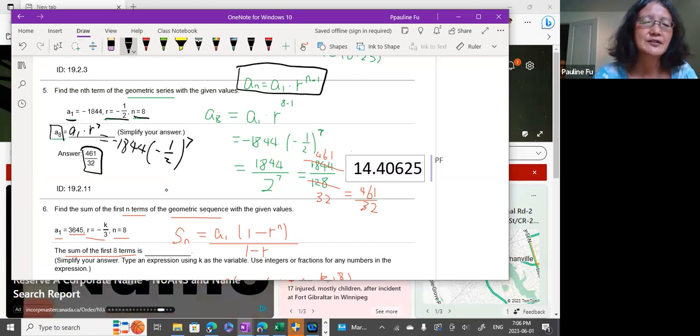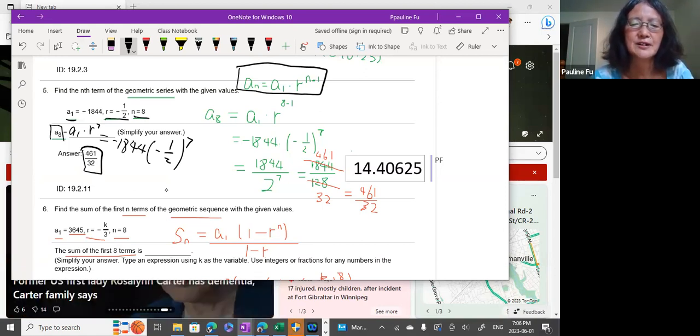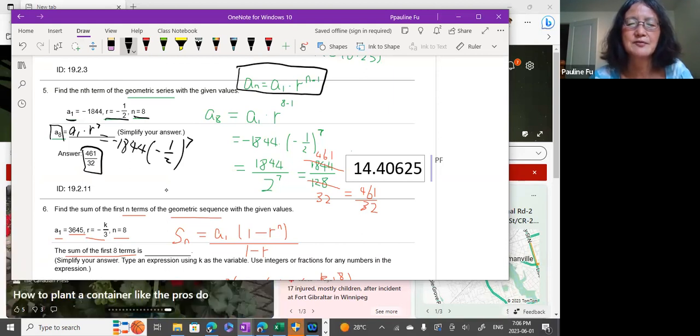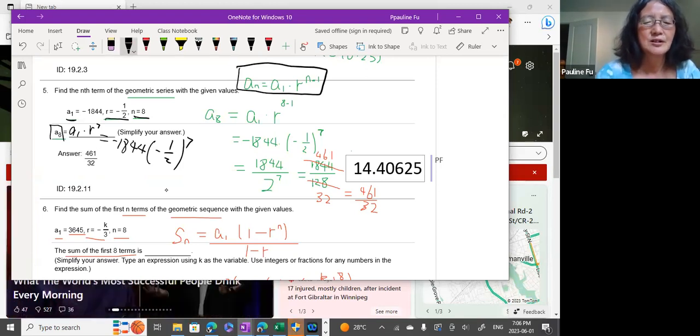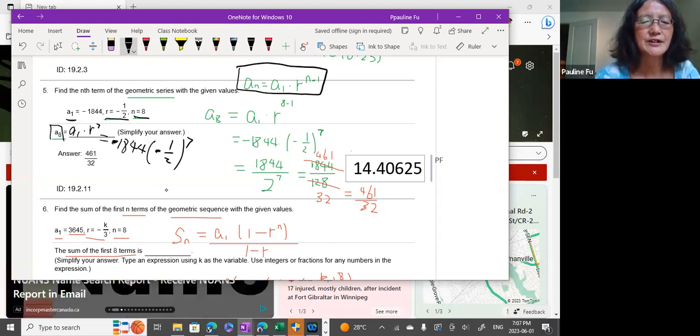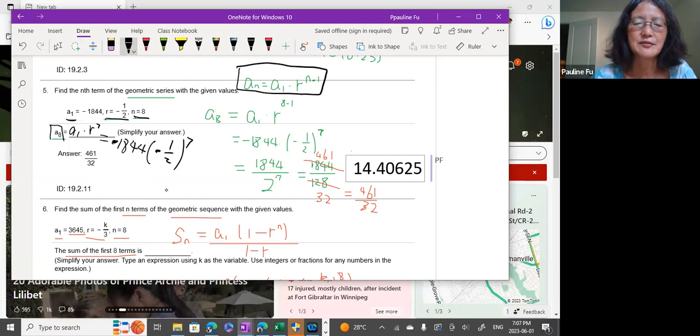And how do I get this 461/32? I have detailed steps here. So negative 1/2 raised to power 7. First of all, you have negative here, negative here. So negative, negative, positive. The answer is positive. And then you have 2 raised to power 7. 2 raised to power 7 is 128.